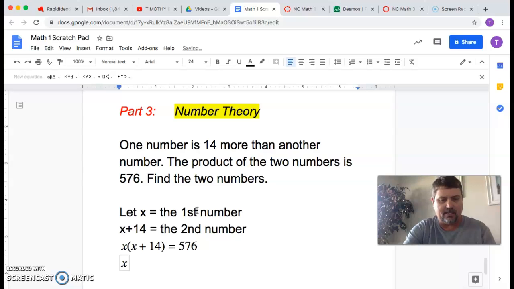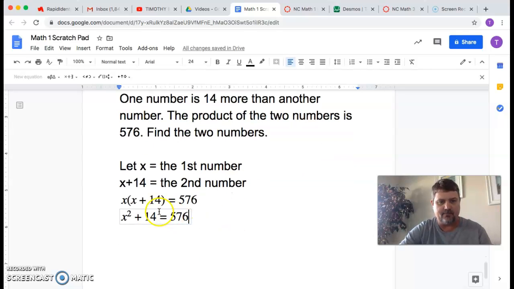So we're going to multiply it together. I get x squared plus 14x, and that is 576. Oh, I forgot my x there, didn't I? Now, I hope you realize I need to subtract this 576 from both sides and put this thing in standard form, and I have myself a quadratic equation.